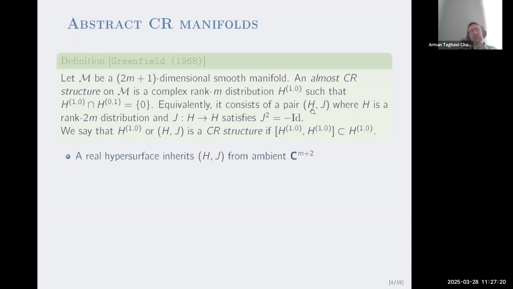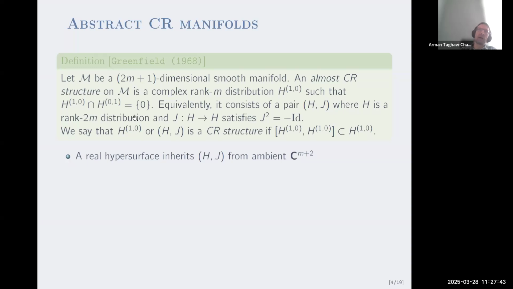There is an equivalent way of expressing this complex rank m distribution: it is really the eigenbundle of an almost complex structure on a distribution which I call H, which is of rank 2m.